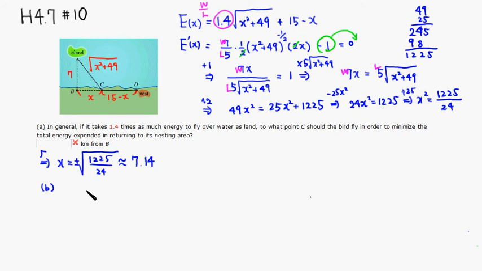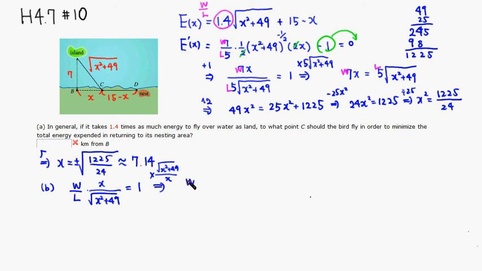Since we're looking for W over L, we have W over L times x over the square root of x squared plus 49 is equal to 1. So what you need to do is multiply by the reciprocal, the square root of x squared plus 49 over x.